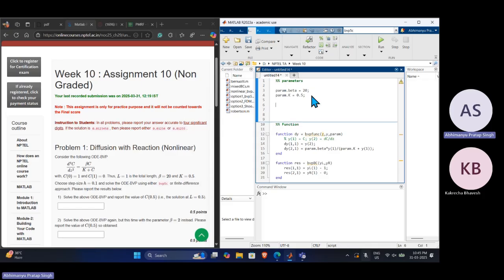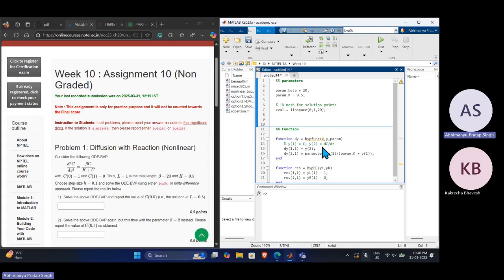Next, we need the mesh, like on what points we need the solution to be. Okay. So 1D mesh for solution points. So that would be the L, like the length of the fin. So we'll just create a linearly spaced array from 0 to 1, 20 partitions. So we need to have an initial condition function, right?